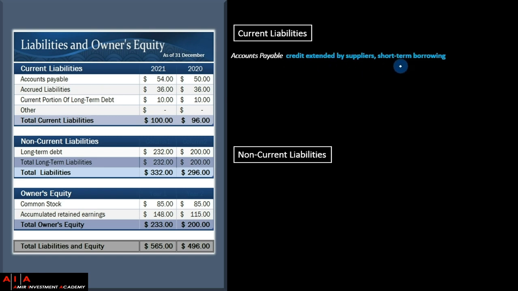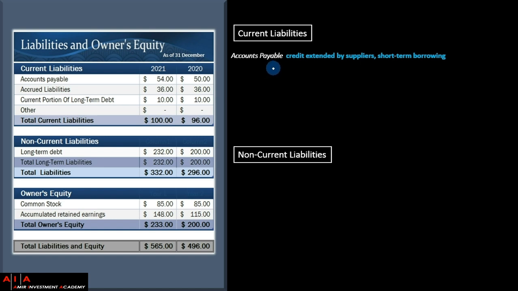Now, if you can recall, when we were talking about assets, we had an item called accounts receivable, right? And that was when you sell something on credit. Well, this is the opposite, right? That is when you buy something on credit from a supplier. So you go to a supplier and you make a deal, you buy the items that you need, and you tell them that you'll pay them at a later date, right?